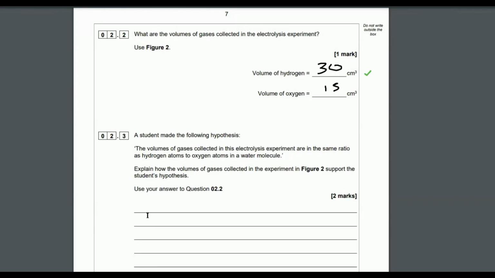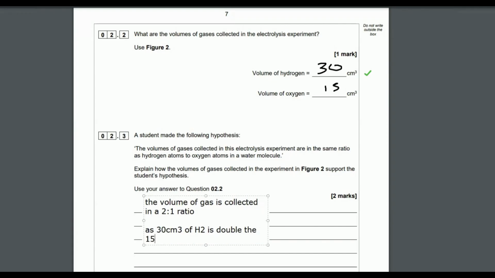Well, look, we can see the volume of gas is collected in a 2-to-1 ratio, as 30 centimeter cubed of H2 is double the 15 centimeter cubed of oxygen. So we have double the amount.